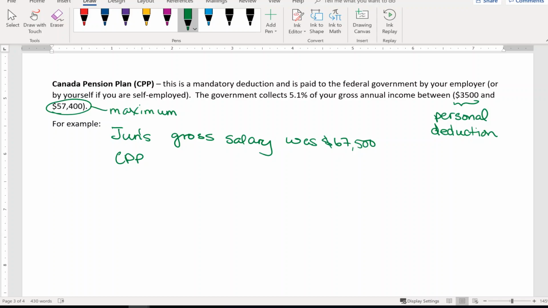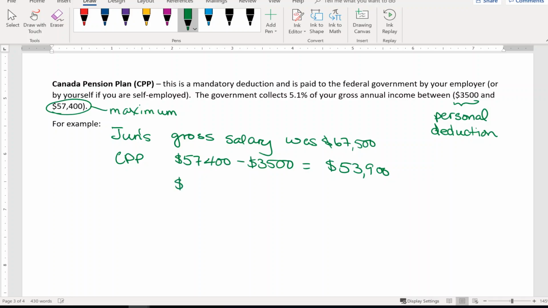Since Jun's salary was greater than $57,400, we're just going to take the maximum amount. We subtract from that the personal deduction of $3,500, and that gives us a total of $53,900. So that is what the CPP will be based on.